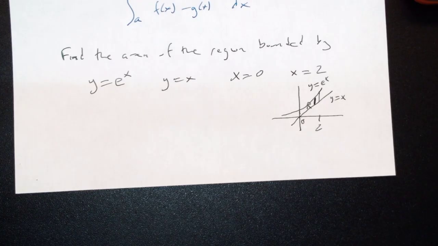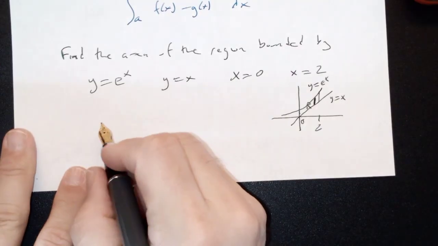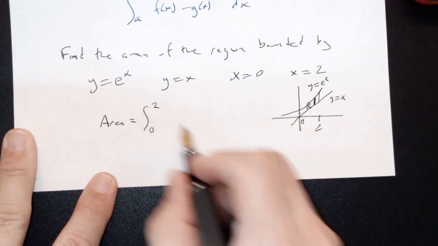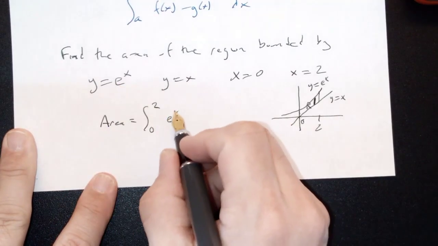Top minus bottom with respect to x from left to right. The area of the region R, the interval from 0 to 2, top minus bottom.